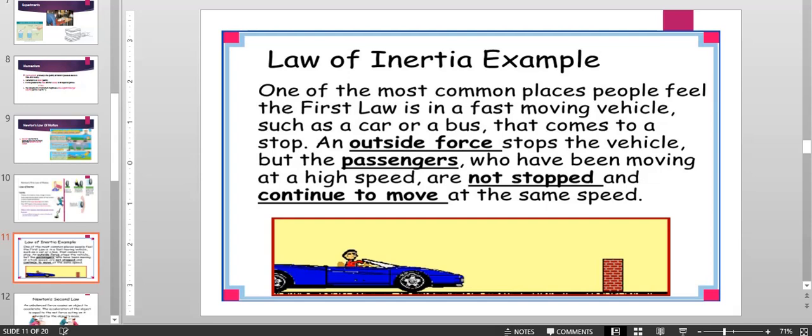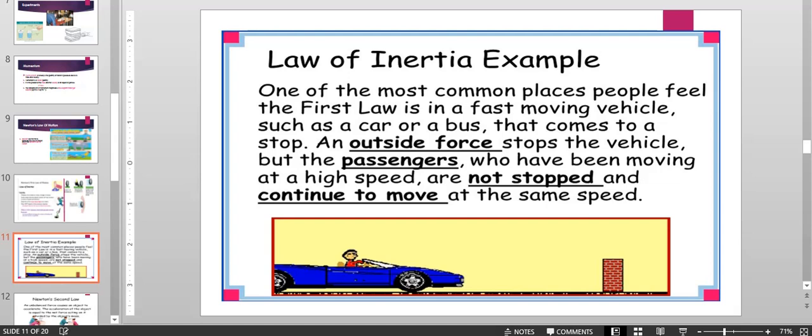An outside force stops the vehicle, but you, as a passenger, moving at a high speed, are not stopped and continue to move at the same speed, and therefore you experience a jerk.